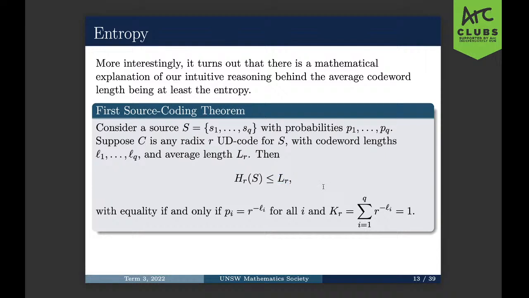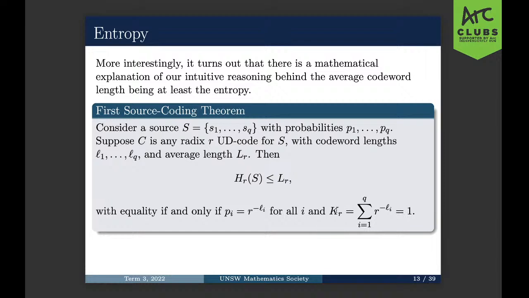And the equality holds if and only if the probabilities are exactly equal to the radix to the power of minus the length of the corresponding code word, and the Kraft-McMillan coefficient is exactly equal to 1.